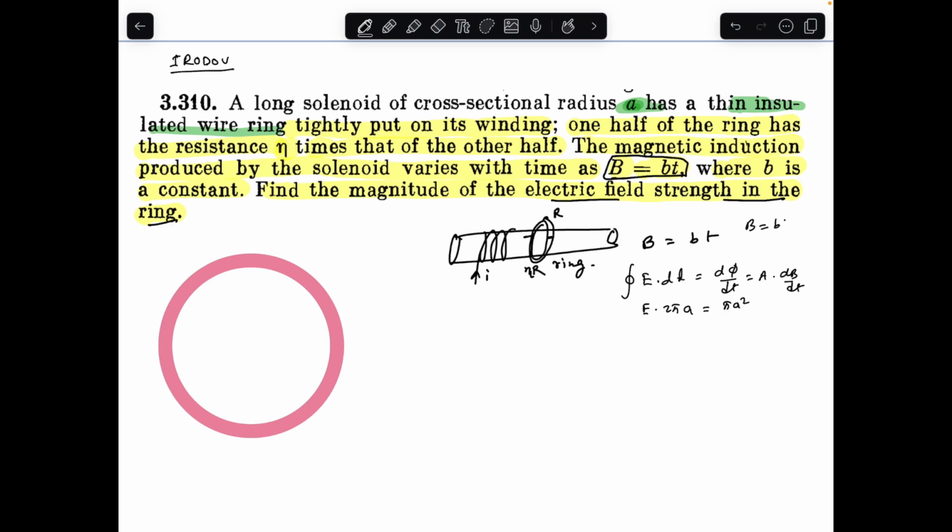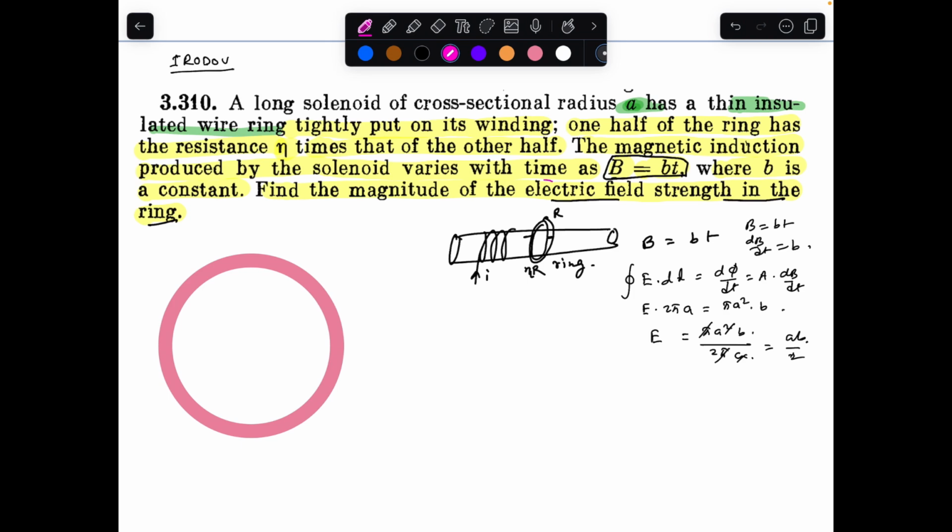The magnetic field is small bt, so dB by dt will be b. So the electric field you get is pi a square b by 2 pi a. Pi cancels, a square cancels, so ab by 2. This is the induced electric field you are talking about, correct?